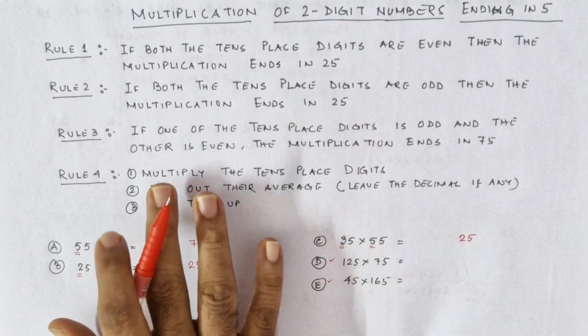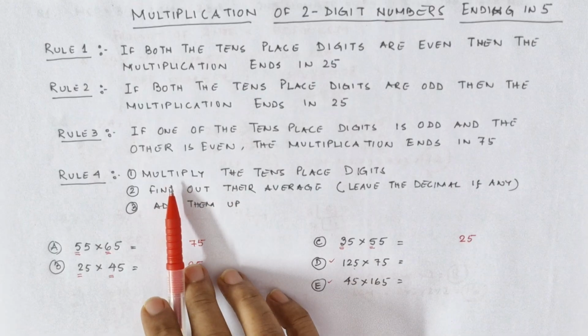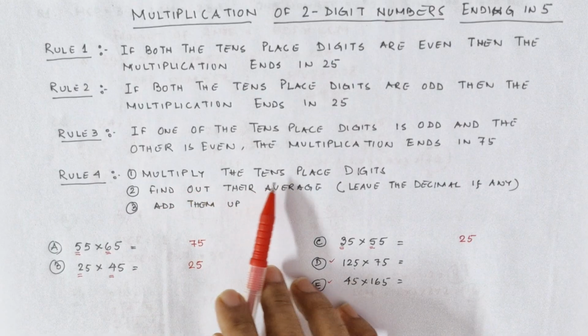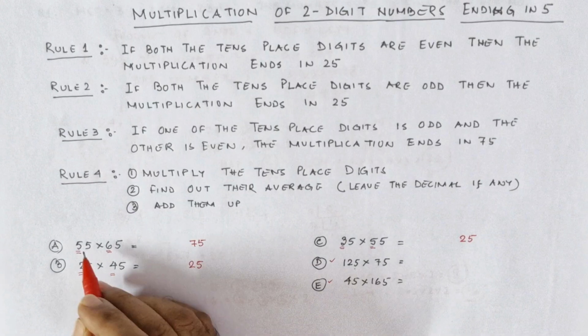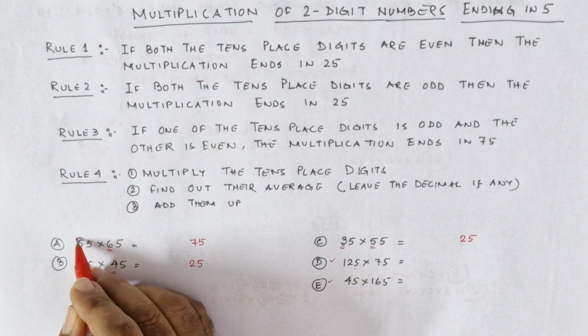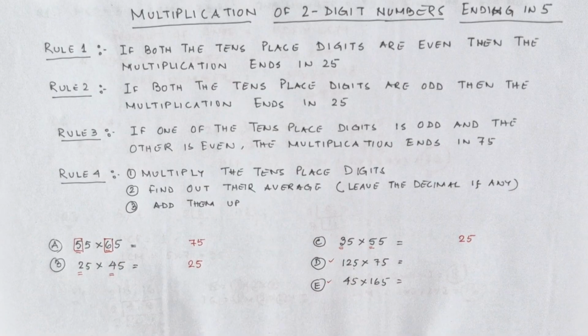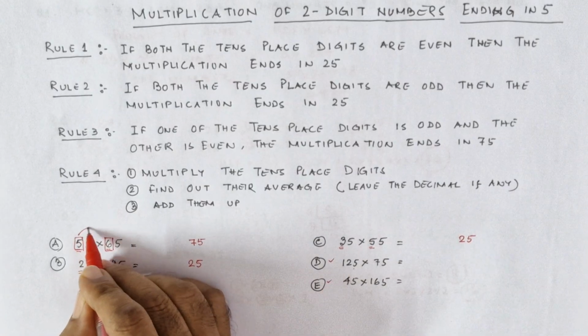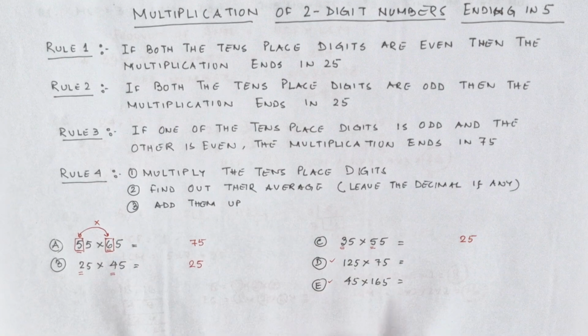Now, this is the main section. Rule 4: we multiply the tens place digits. Let's take the first scenario. This is 5 and this is 6. Multiply them: 5 multiplied by 6 is 30.